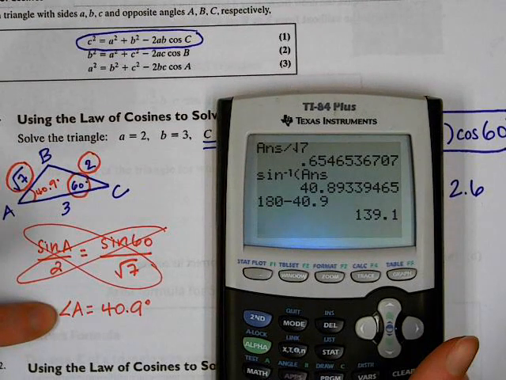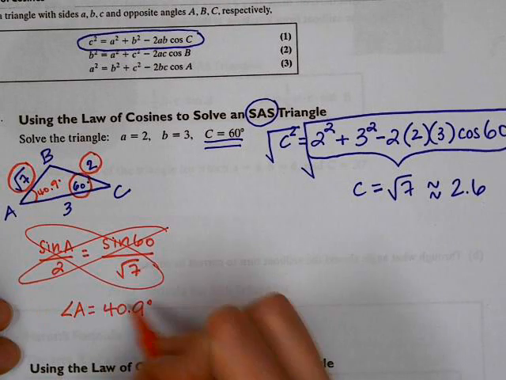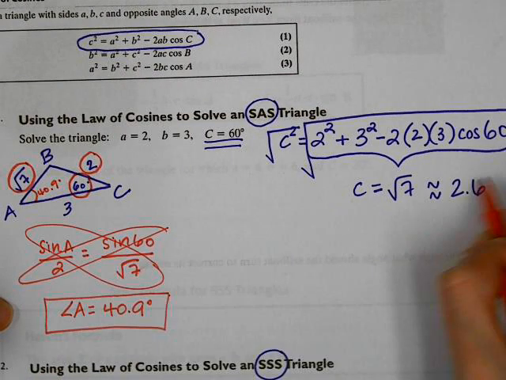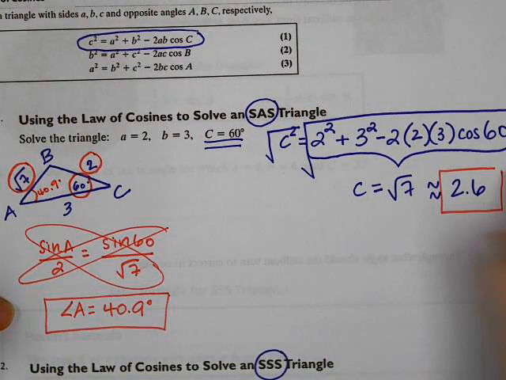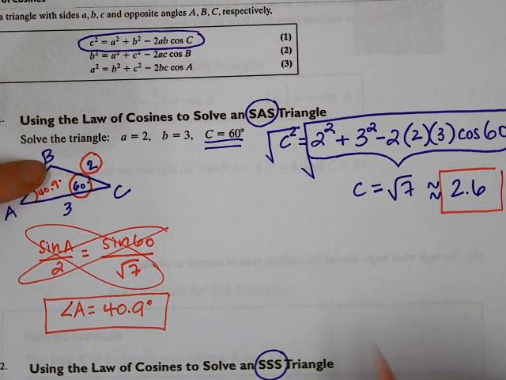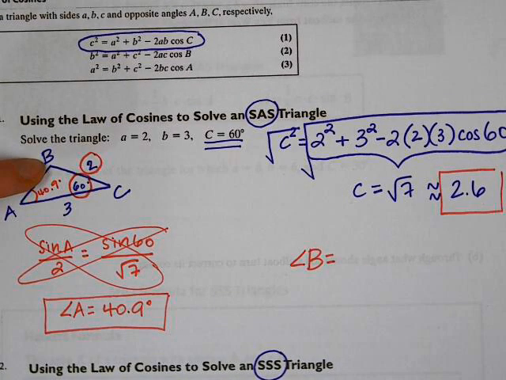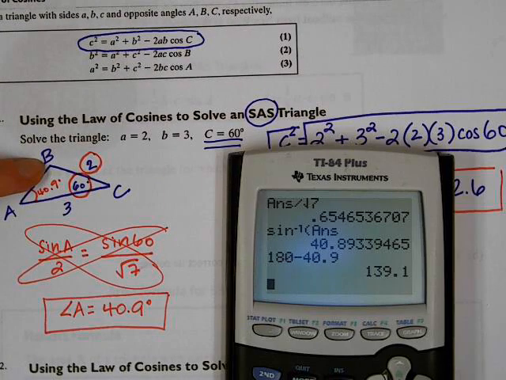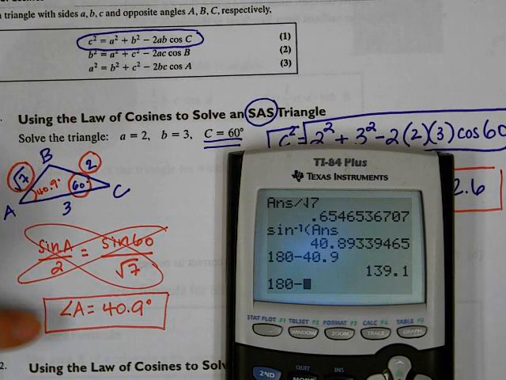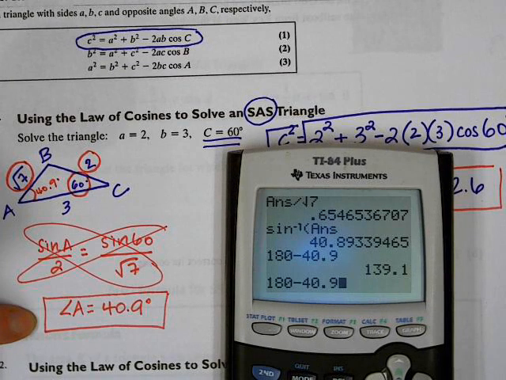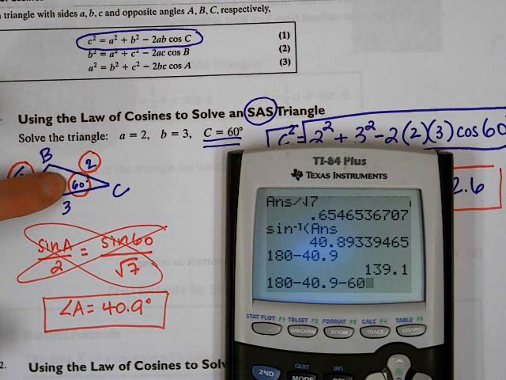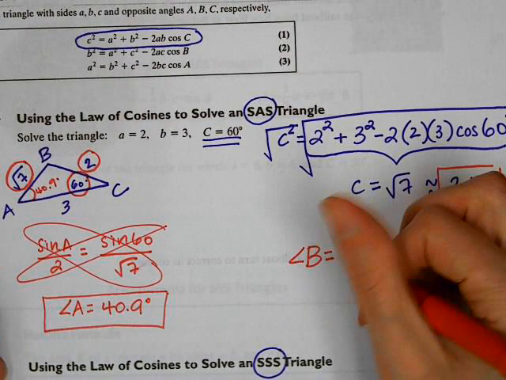There's only one triangle. Okay, so angle A is 40.9, side C is 2.6, and I think all we're missing is angle B. And angle B we just find by doing 180 minus the 40.9 minus the 60. And you end up getting 79.1.